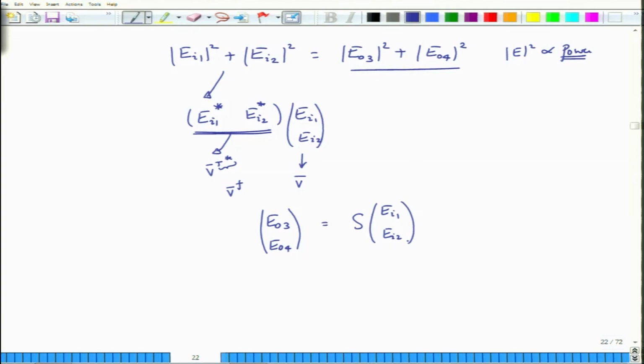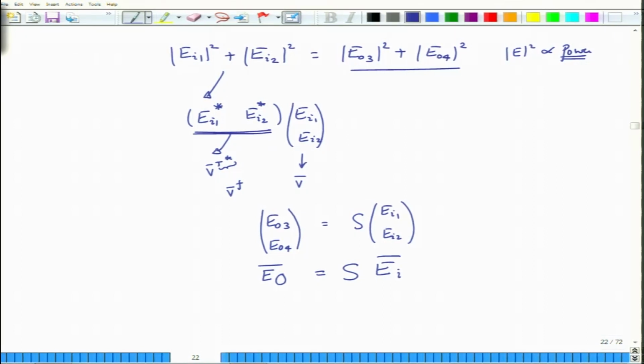Let us invent a slightly simpler notation: I will call this EO bar, a vector, equal to S EI bar. Please note that EI bar and EO bar are two component vectors, which are given above in this equation.